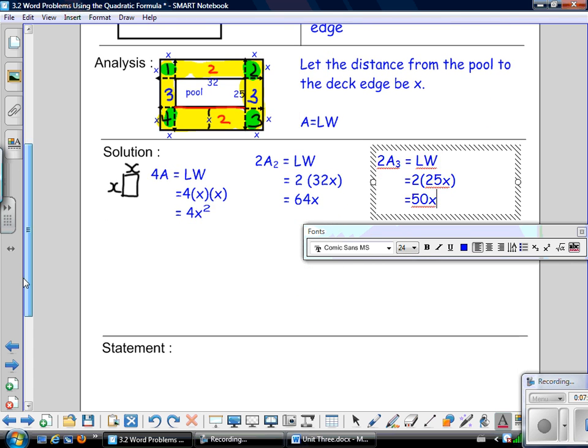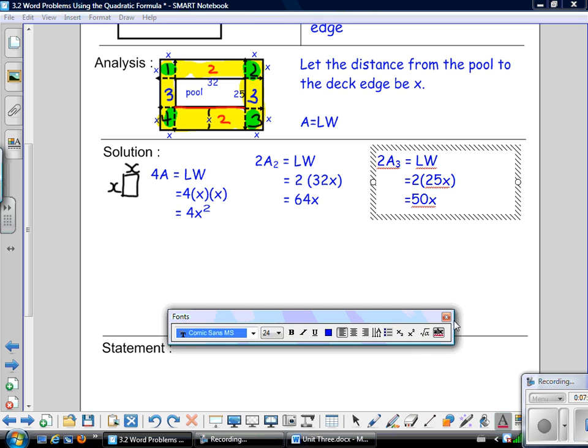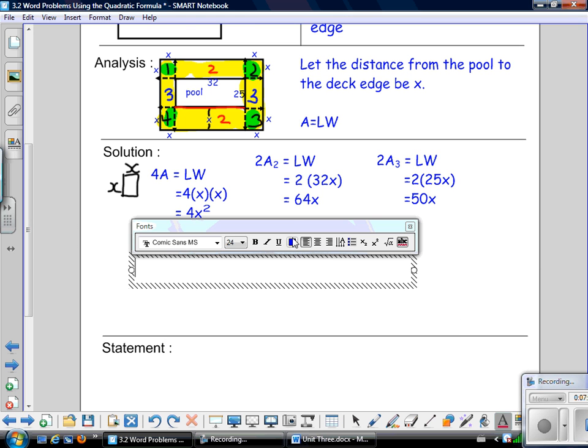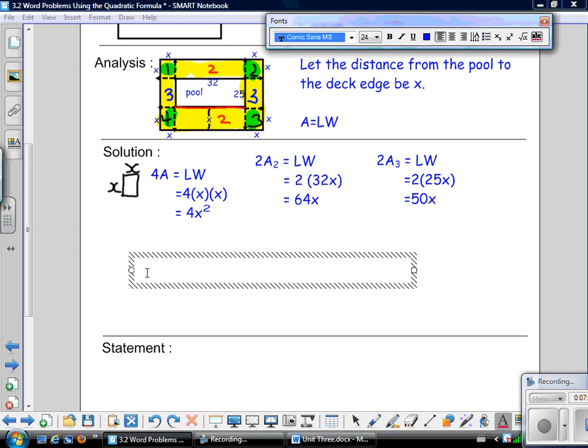So when we do that, we end up having the total area. I'm just going to put this out of the way since it's in our way. Area total, and we'll use a subscript T for that, is going to equal these items.